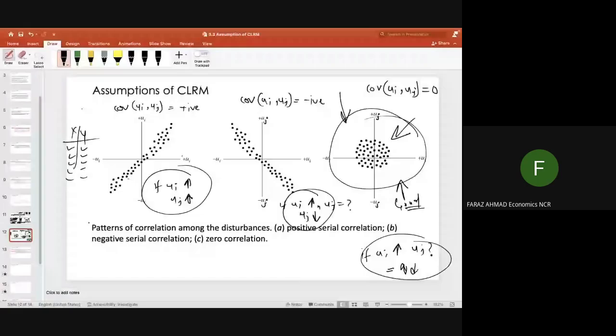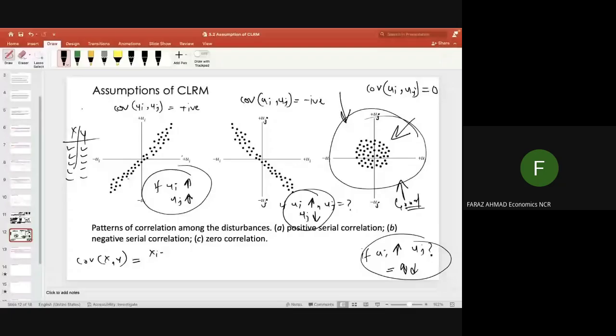Okay, let me write it here. If you have data x, y, and you want to find covariance x comma y, right?